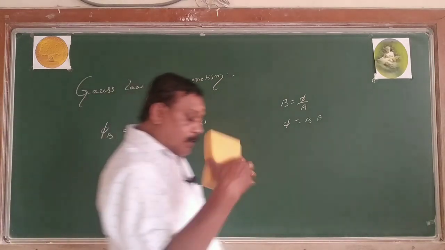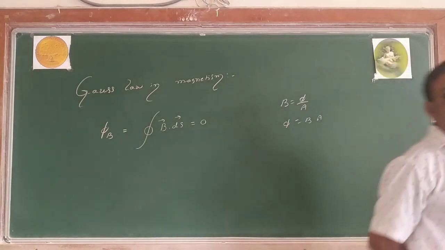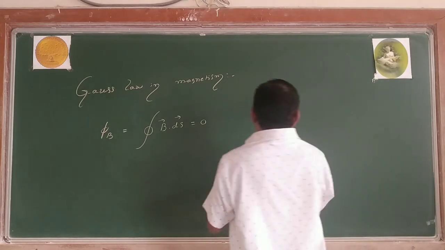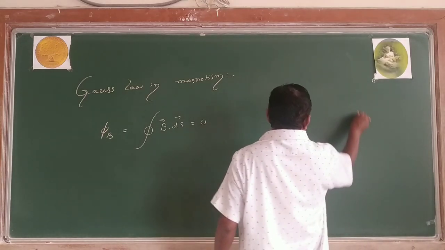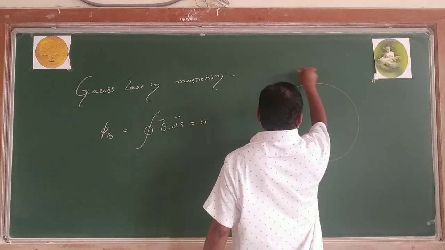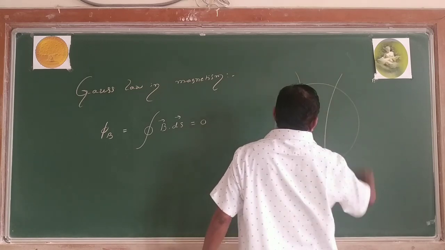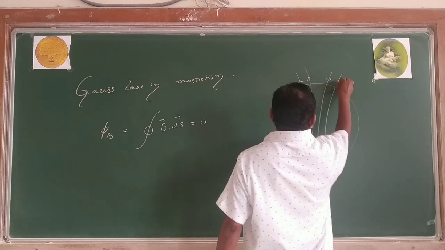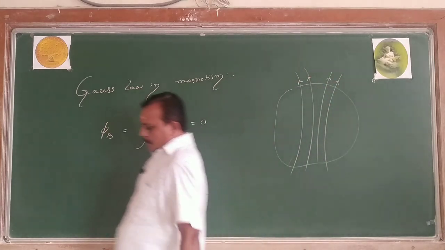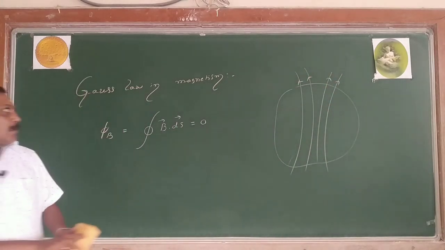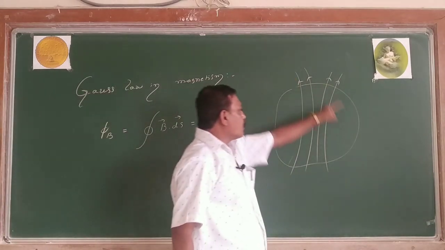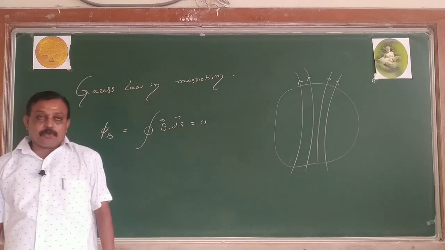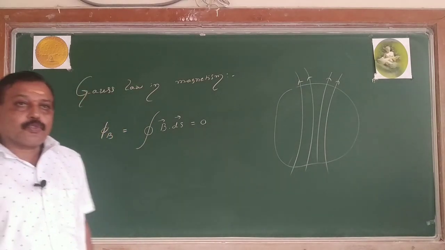Then what is the importance of this Gauss law in magnetism? If I take any closed surface, these are the magnetic lines of force. According to Gauss law, the magnetic flux through any closed surface is equal to 0. It means that there will be no source or sink of magnetic lines of force.